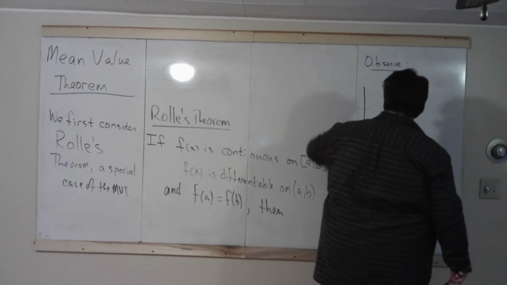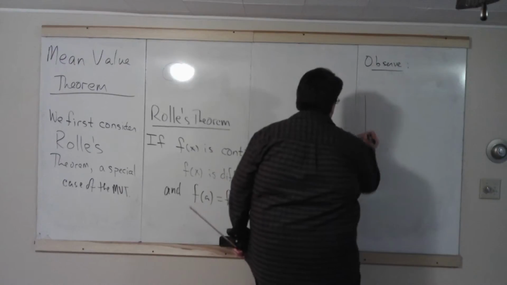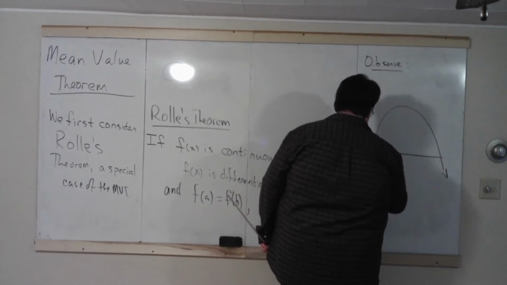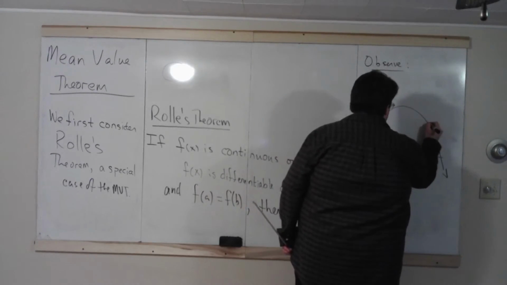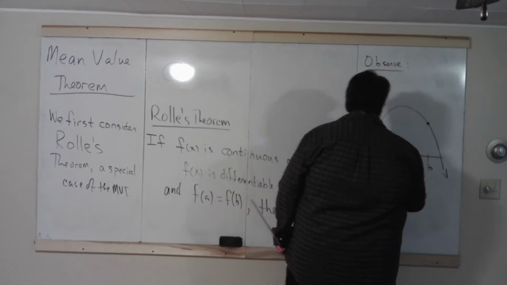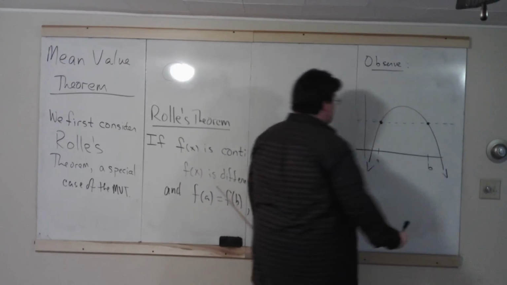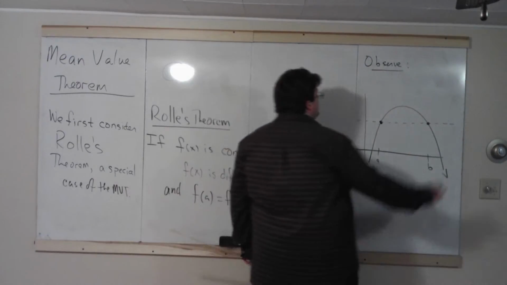Too flat. I like how that looks. A is here, f of A, f of B, B. And then I'll draw that dotted line again, because they're at the same y value, and that's going to be relevant for this. And this is f of x.